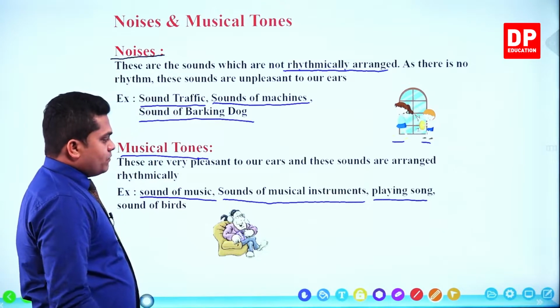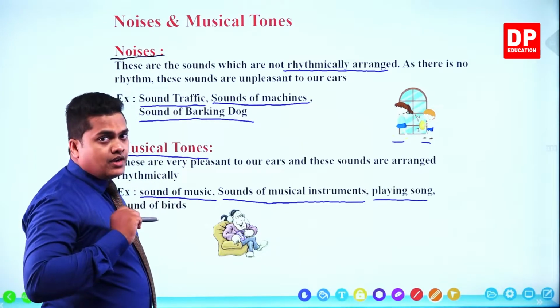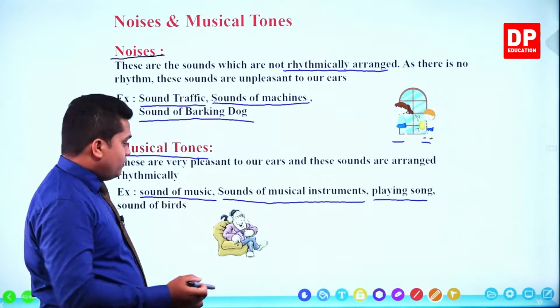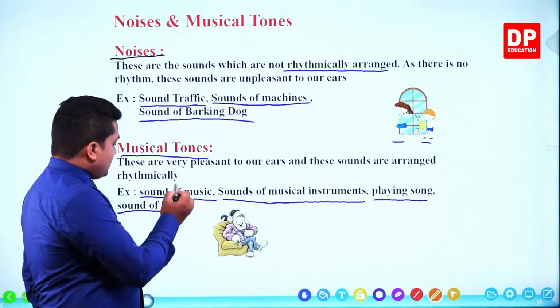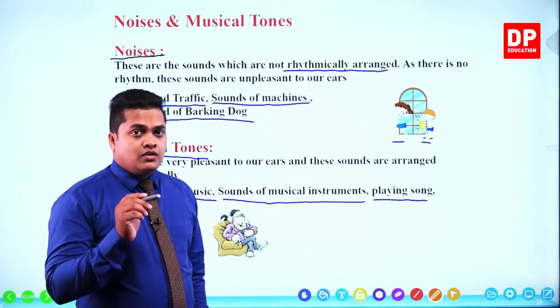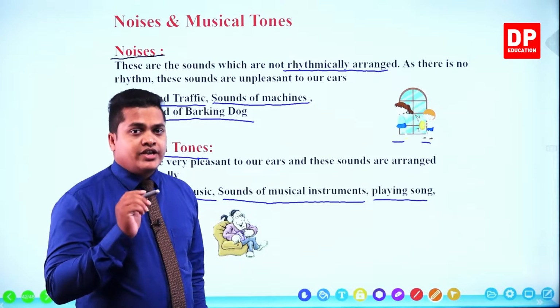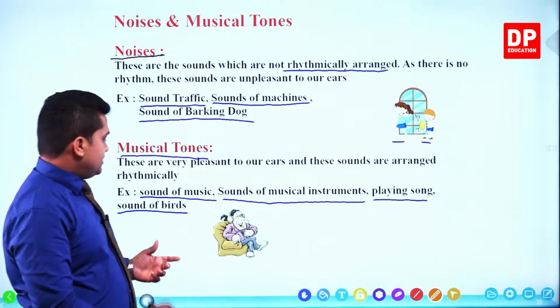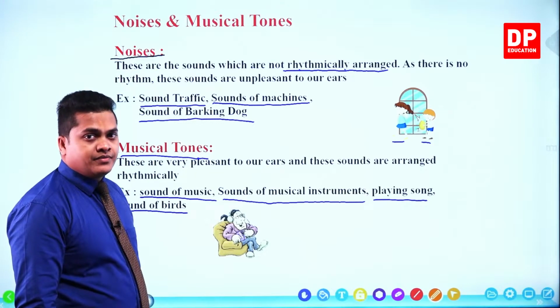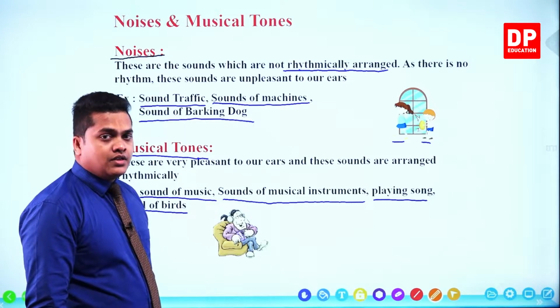Then all of these things are once again artificial things, man-made things. But there are different sounds or music that occur naturally as well. A good example of natural music is the sound of birds.